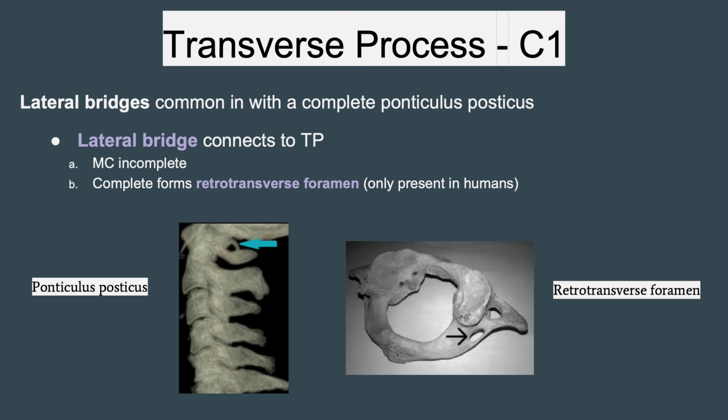On the right, you can see how this is oriented completely differently. We have that lateral bridge, which goes from lateral mass to TVP, and when that is complete, it forms that retrotransverse foramen. Know that this has only been observed in humans. That's something that could show up, but mostly be able to differentiate between the two.